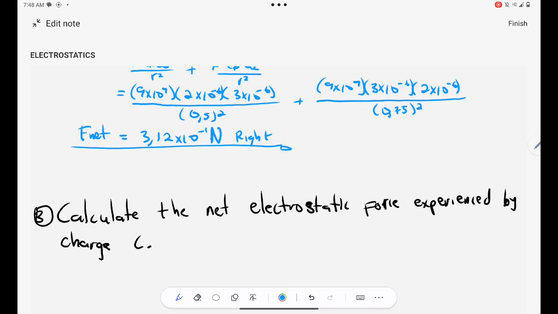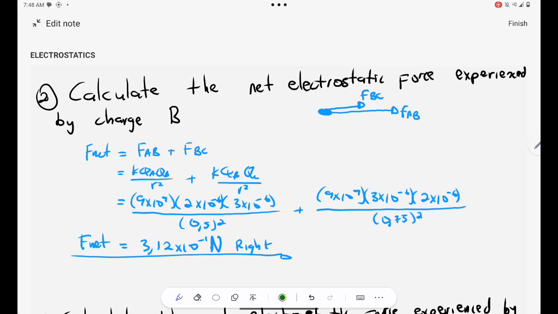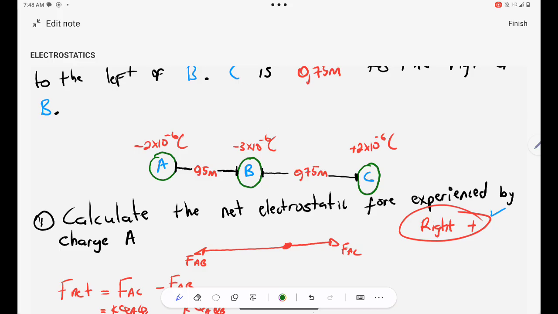Ne? Okay, now let's go and calculate the net electrostatic force experienced by our charge C. Firstly, I must draw my free body diagram. I want to see how charge C is going to behave as a result of both A and B. Firstly, between B and C, C is negative while B is positive, right?